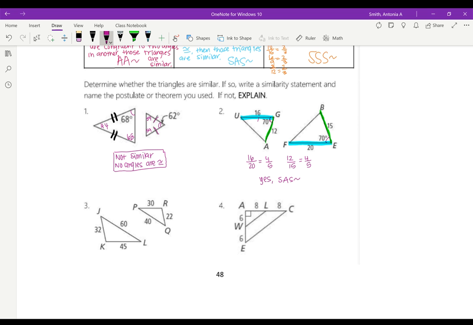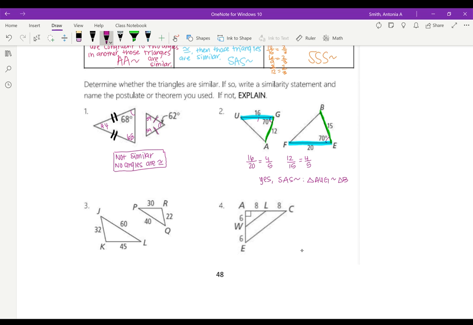And so how do I write the similarity statement? I would say triangle, it doesn't really matter what order the first one goes in, AUG is similar to triangle. I do want to match my angles up here though. Angle A and angle B are the same.